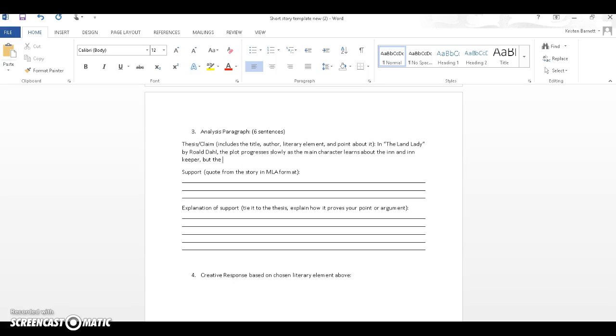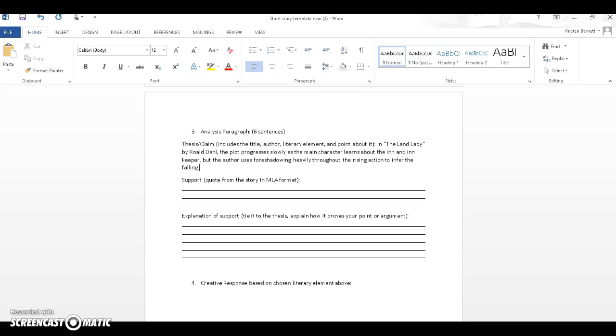How about we do this? But the author uses foreshadowing heavily throughout the rising action to infer the following action and resolution to the reader.